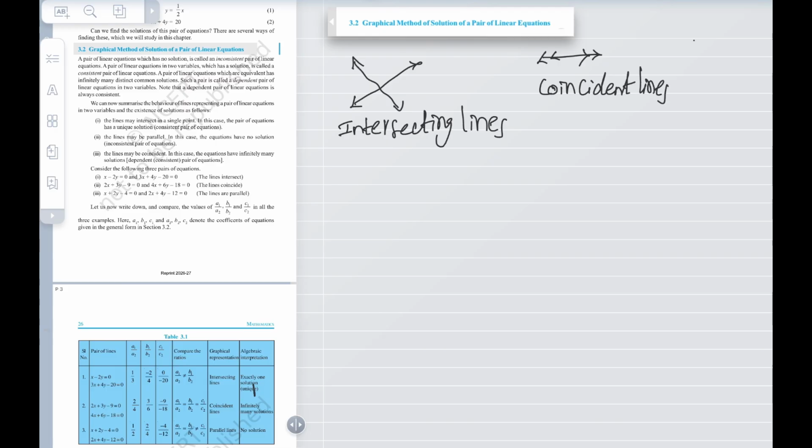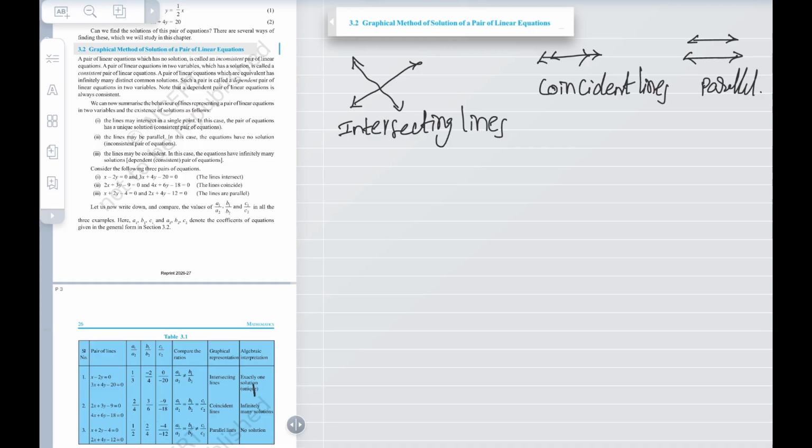And the other way is that the lines are parallel. These are the three ways we can have a relation between a pair of linear equations.